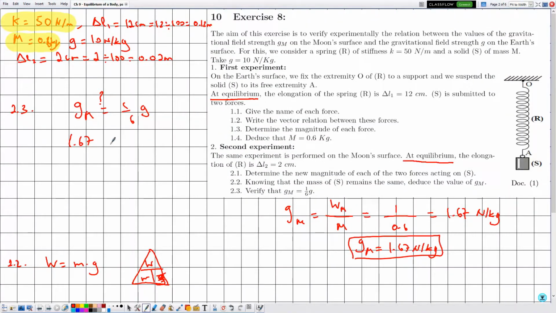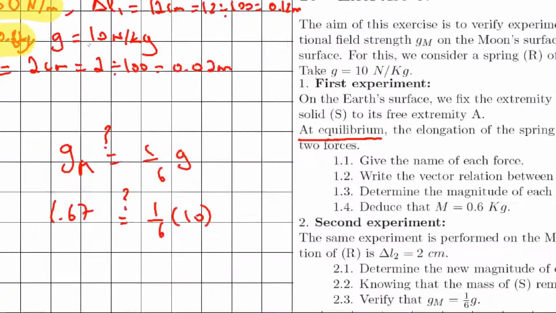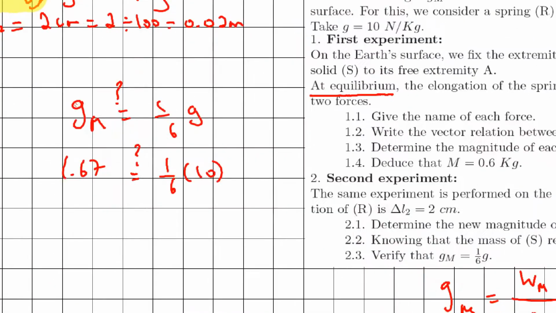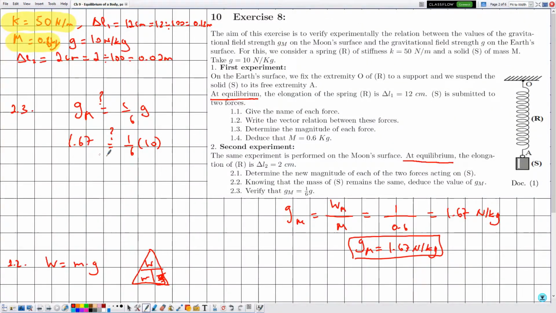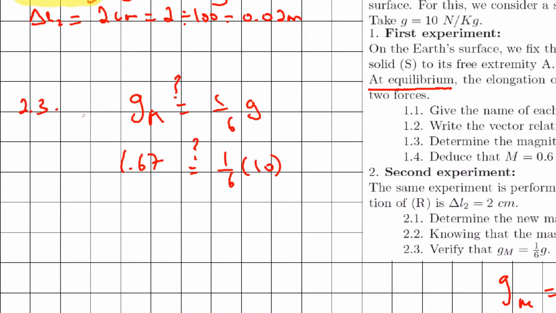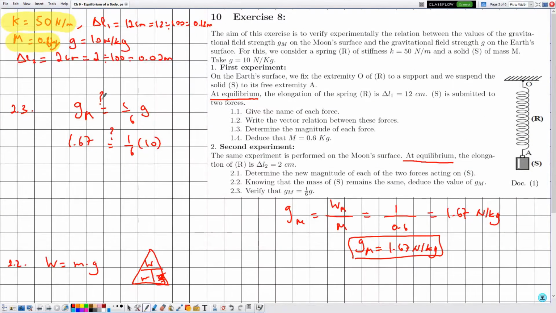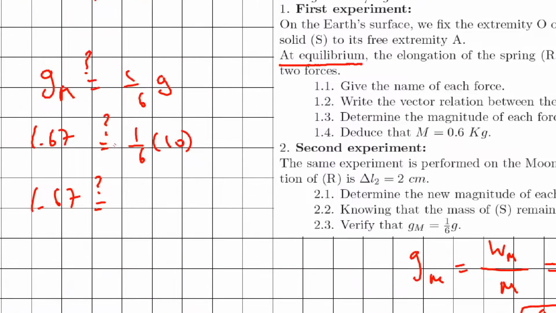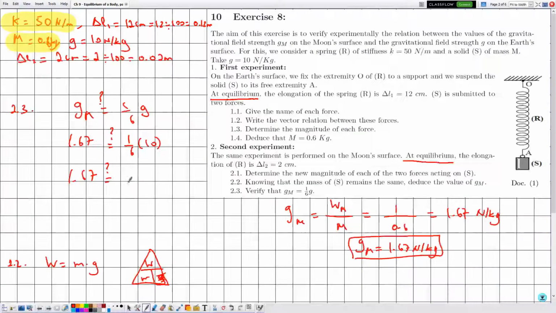We need to check whether it is equal to 1 over 6 multiplied by 10, because we know that the value of G is given by 10. Here the question mark reflects the fact that we are verifying this equation. So whenever we need to verify an equation, the equality must have a question mark. So now 1.67, is it equal to this expression, which is given by 10 over 6?